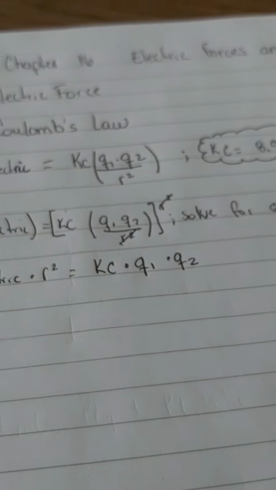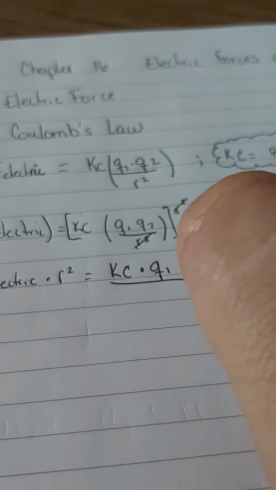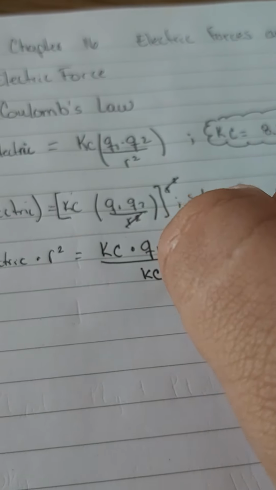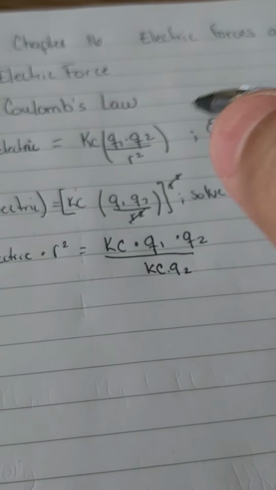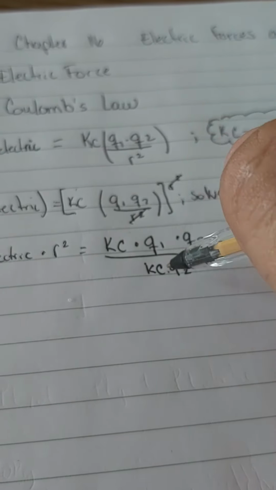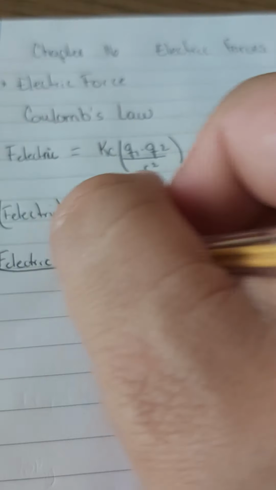So if you're going to solve for charge 1 or charge 2, all you have to do is divide by Coulomb constant times charge 2 if you're solving for charge 1, or Coulomb constant times charge 1 if you're solving for charge 2.